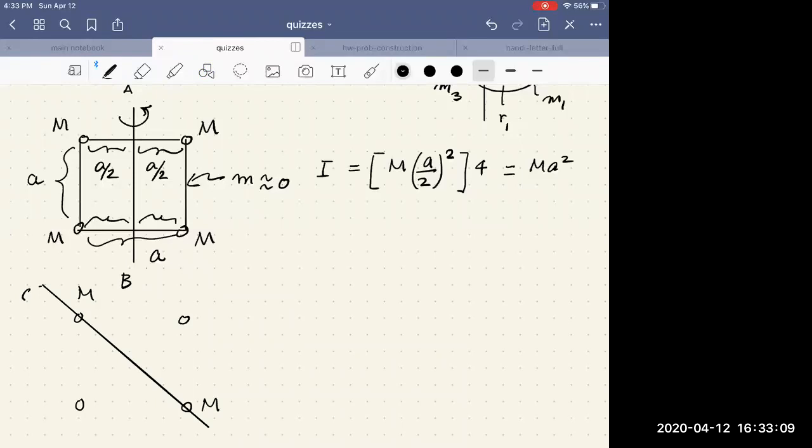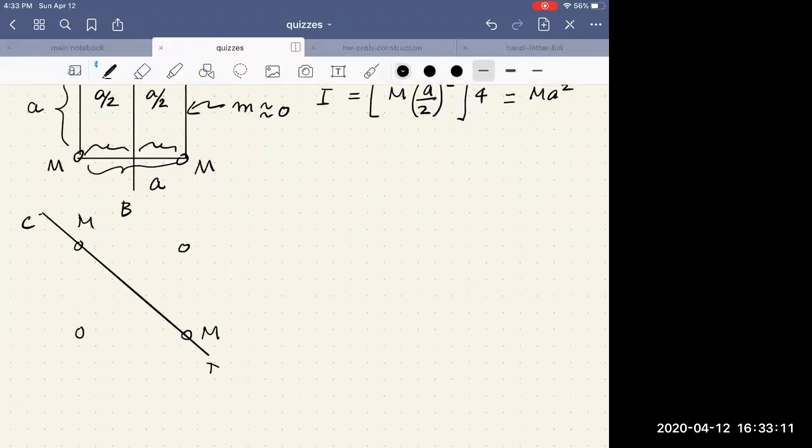Let's call this axis CD. So these 2 masses are sitting right on the axis, which means that the distance of these masses from the axis is 0, which means that we only are interested in the perpendicular distance involved here. This is not the best possible drawing, I'm sorry. It doesn't quite look like a perpendicular, but let me try and fix that if you'll let me.